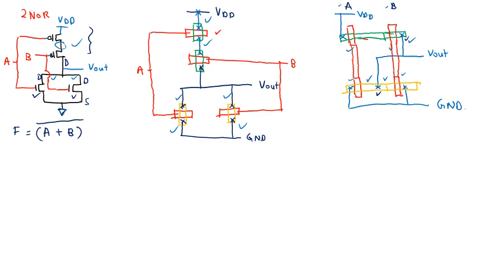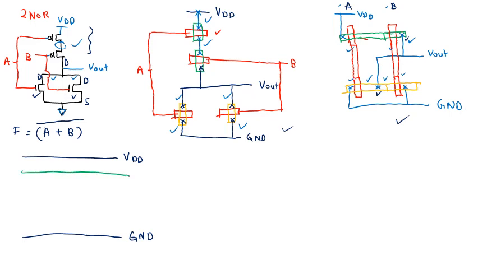Okay, so how to draw a proper stick diagram? Both are stick diagrams, but if you want to make it faster, you just have a stick diagram of this: this is the VDD, this is the ground, and then you have the N diffusion, P diffusion first, and then N diffusion down here.